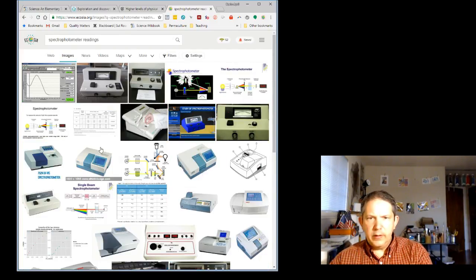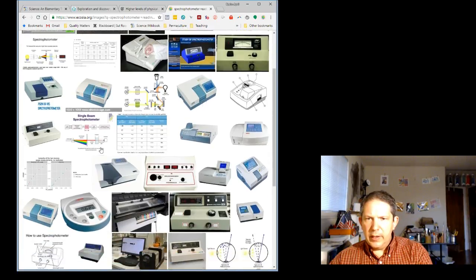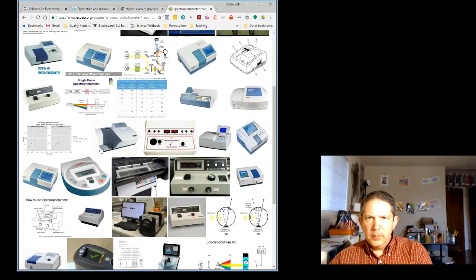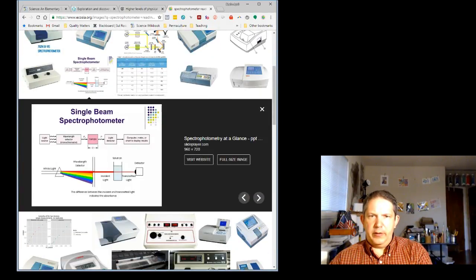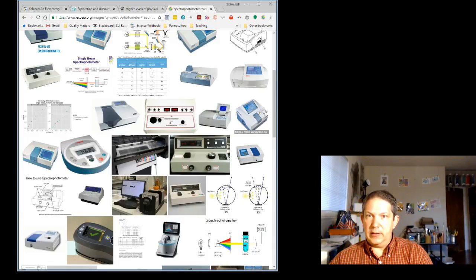I'm not seeing quite what I was after, but that's a fancy way. You're not going to do that in your classroom, but you're detecting the individual wavelengths that pass through your sample, so you'll get very specific numbers there, which has all sorts of applications.